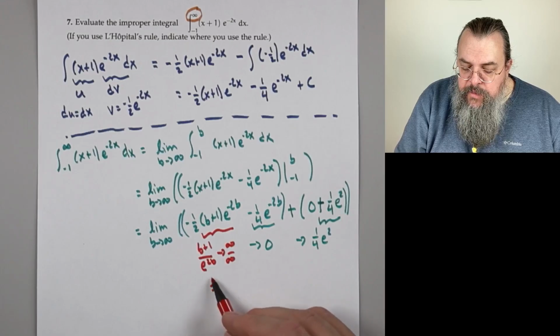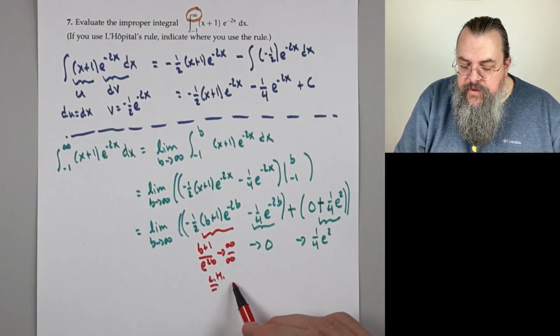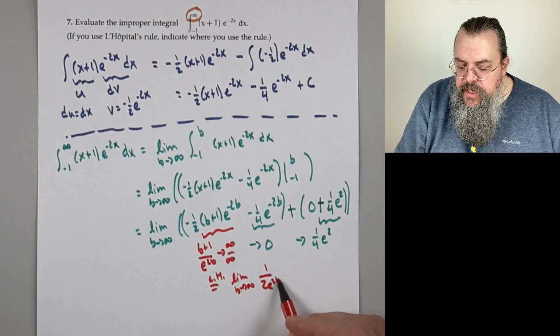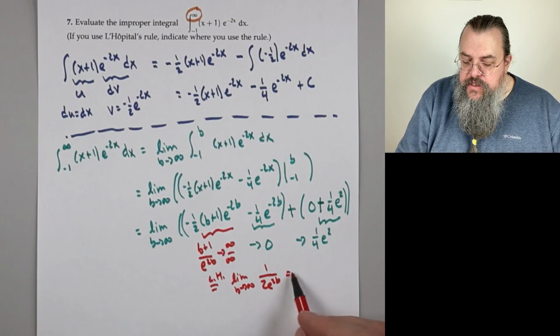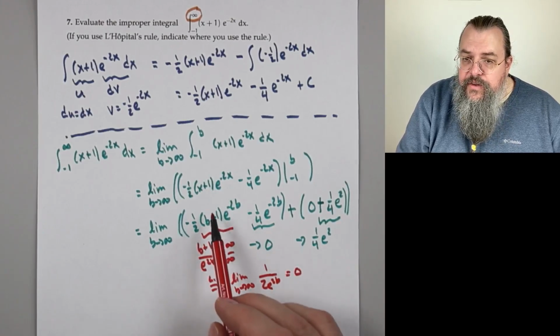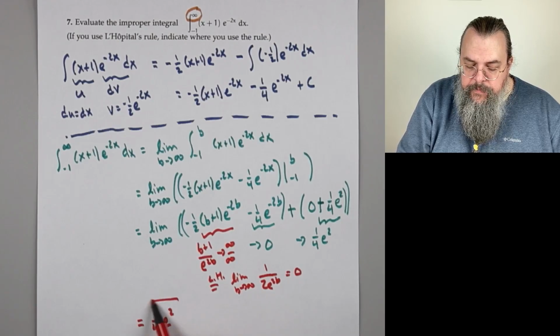So by L'Hopital, and I'm marking here that I'm using L'Hopital, this is the same as the limit as b goes to infinity of 1 over 2 e to the 2b. So I take 0 to the top, 0 to the bottom, which is 0. So this part also goes to 0. So it goes to 0, goes to 0, goes to 1/4 e squared. So our final answer is 1/4 e squared.